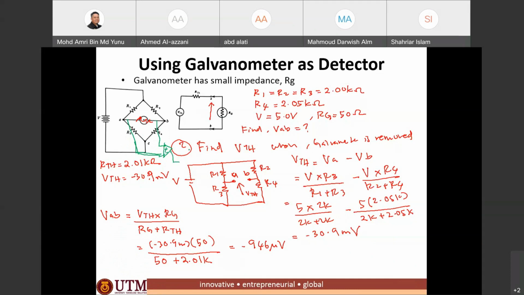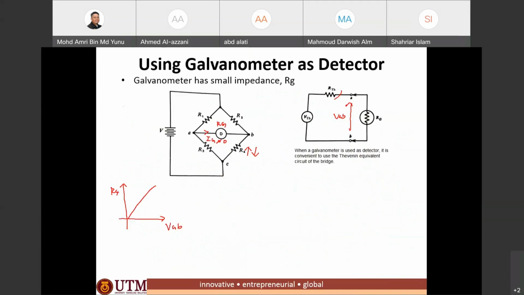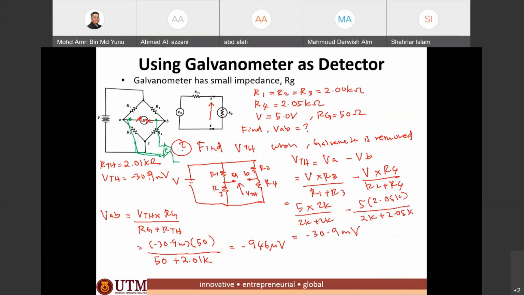Okay, so there is no issue, because the differential amplifier has a very high impedance input. So the balance condition can be used if you apply a differential amplifier.